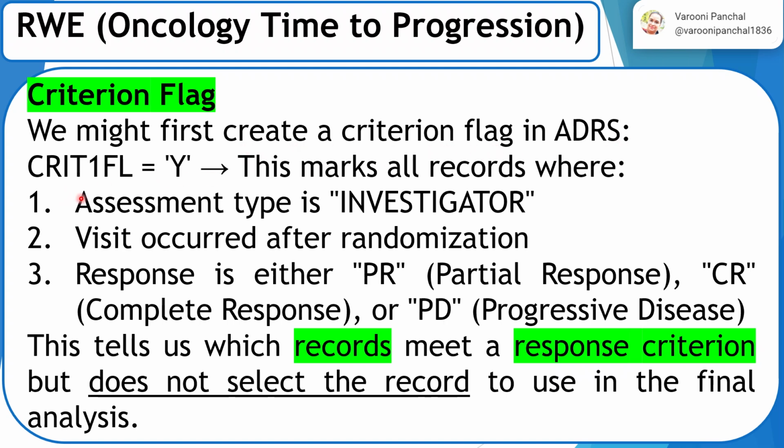This criterion flag equal to Y means all records where assessment type is investigator, the visit occurred after randomization, and response is either PR, CR or PD. This tells us which records meet the response criteria but does not select the record to use in the analysis.